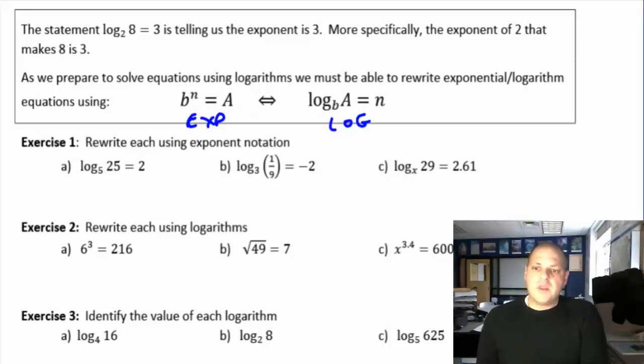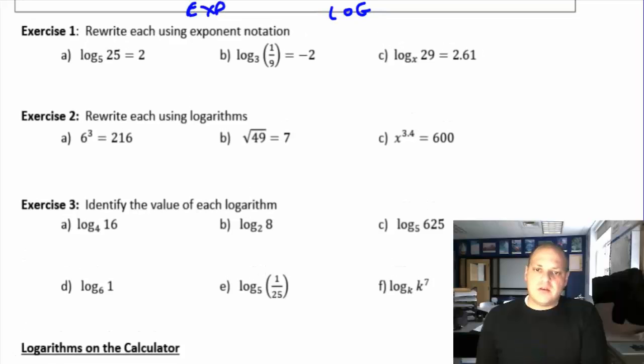Exact same thing. Rewrite each using exponent notation. So exponent notation. Where's my base? 5 is the base. Where's my exponent located? Right here. 5 squared equals 25. And that's all you have to do on these exercises here. 5 squared equals 25. Is that true? Yes.